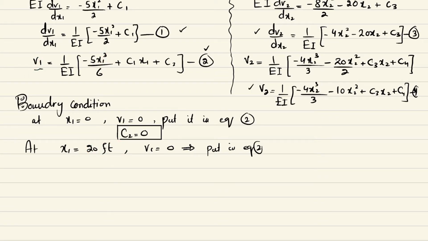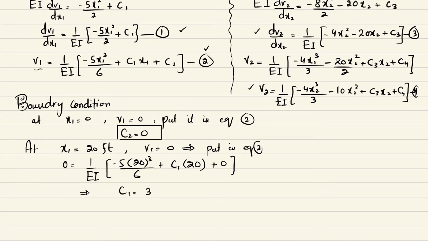I will write 0 = (1/EI)(-5 × 20³/6 + c1 × 20 + c2), where c2 is 0. When you simplify it, you get c1 = 333.33, and the unit is kips·feet². This is the value of c1.